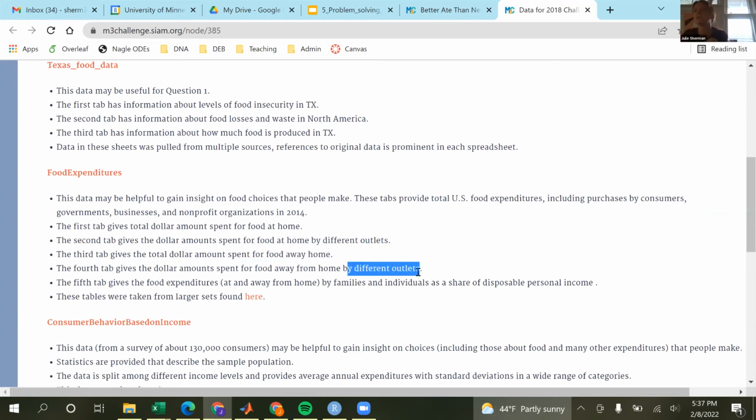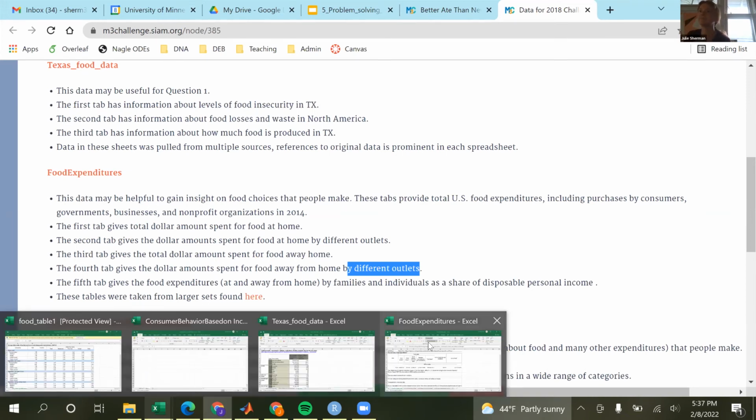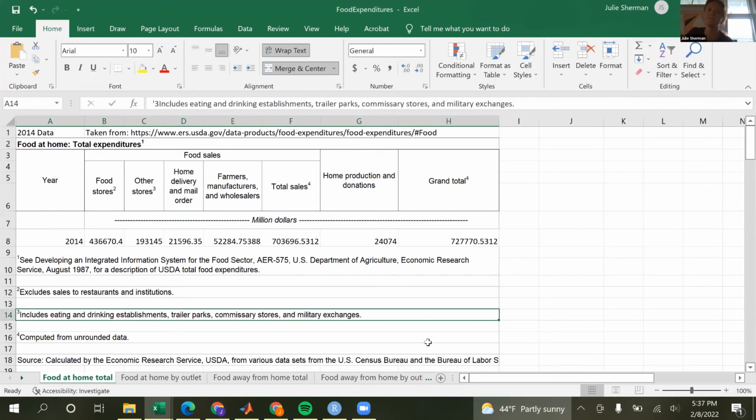So this will be schools, restaurants, etc. Finally, the fifth tab gives us the amount of money spent by families and individuals as a percentage of disposable income. So as a percentage, say, of income.